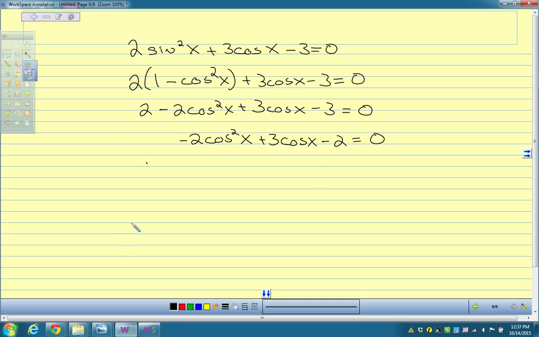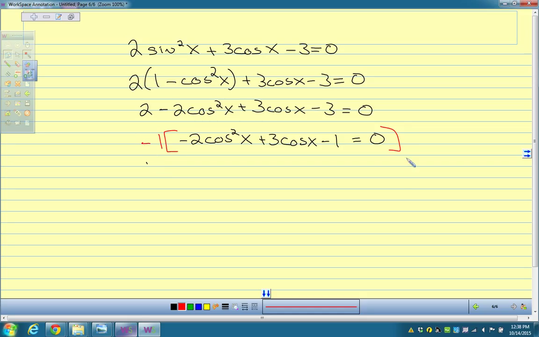Minus 1, sorry, you're right. Minus 1 equals 0. And then I don't like to factor things that have a negative sign in front. So what I do is I multiply everything through by negative 1.